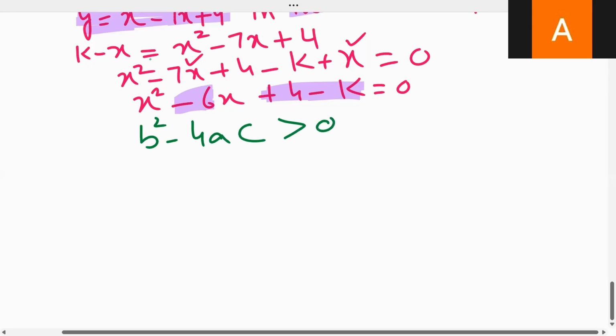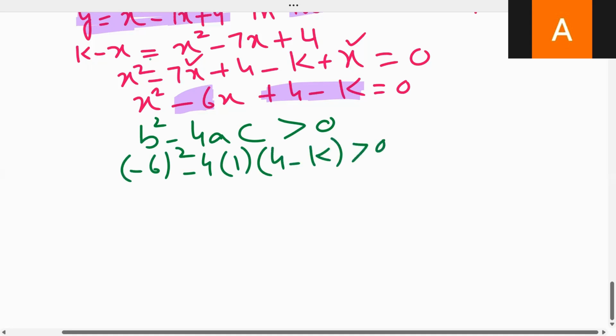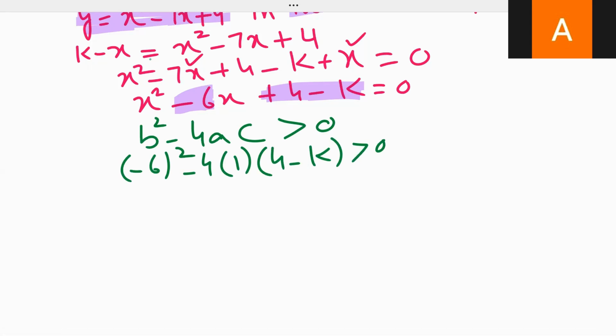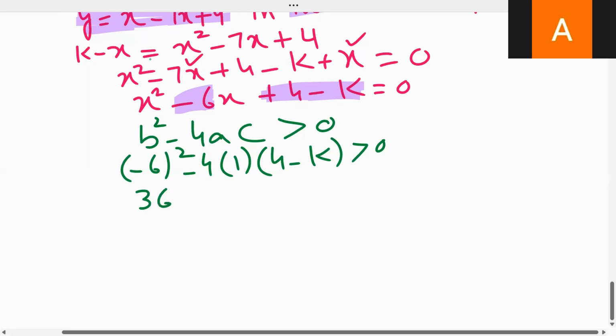So you can substitute b as minus 6, a as 1, and c as 4 minus k. When you expand it, 36 minus 16 plus 4k is greater than 0.